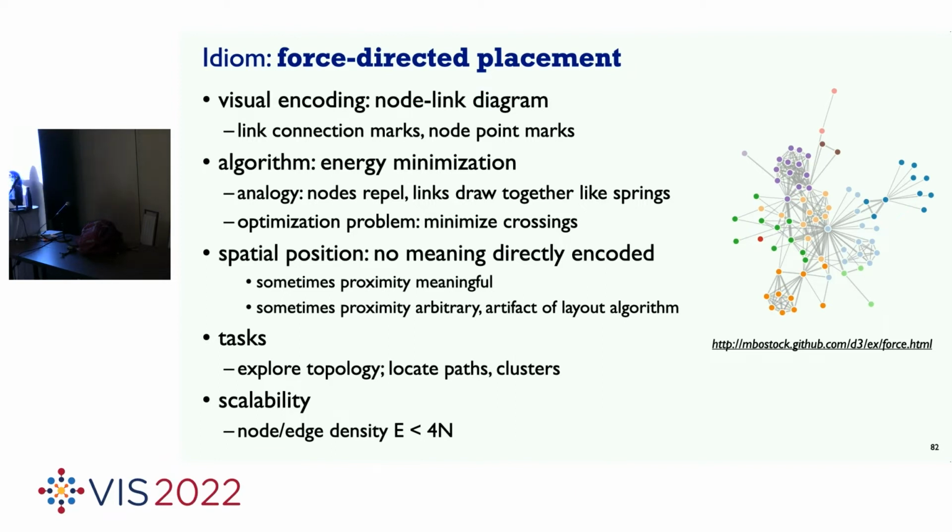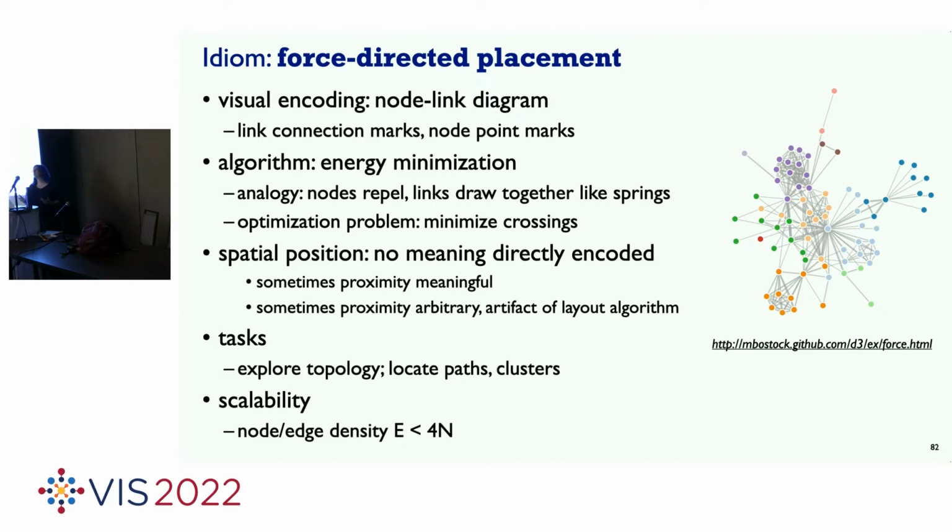But sometimes proximity is a completely arbitrary thing that just happened to come out because the layout algorithm was started with some particular random position of nodes. Like, for example, you know, the question of whether this blue cluster is exactly where it is between these other light blue ones, or maybe it might end up actually being more over down here, that's very possible.